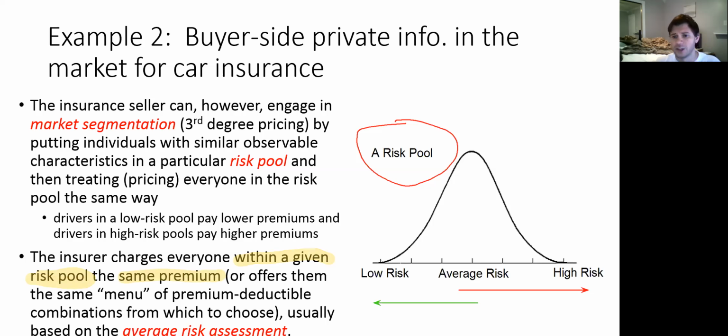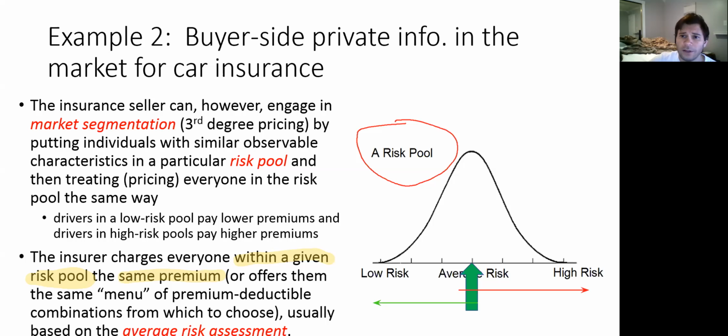Well, with more information, the insurer can cut up that risk pool into smaller groups and get closer to that personalized pricing scheme. Usually, though, within a particular risk pool, the premium is based off of the average risk assessment in that pool, where the average risk individual is right in the middle of this distribution.